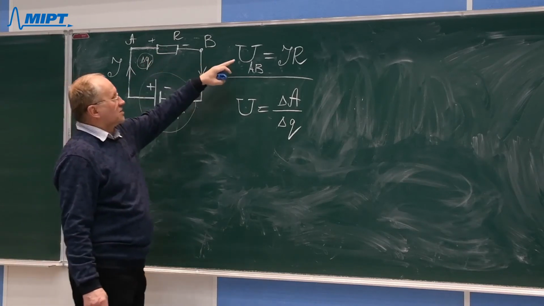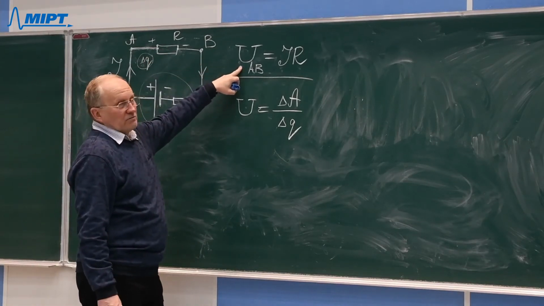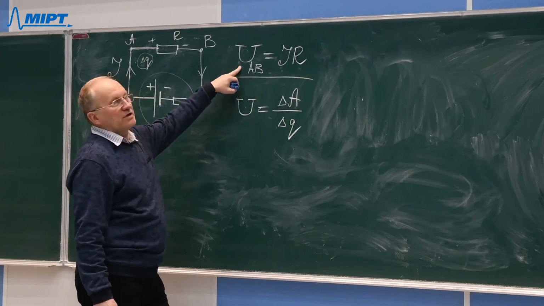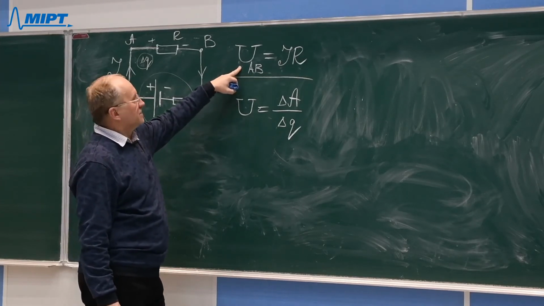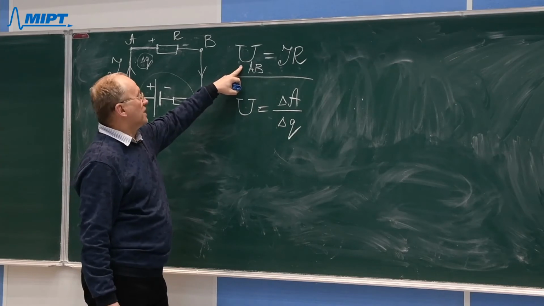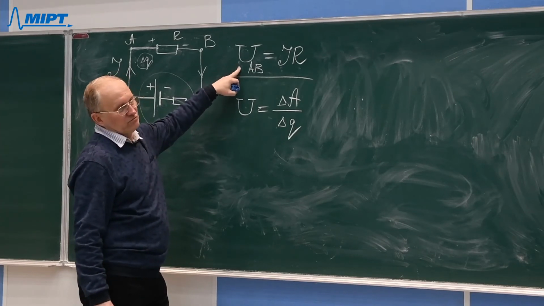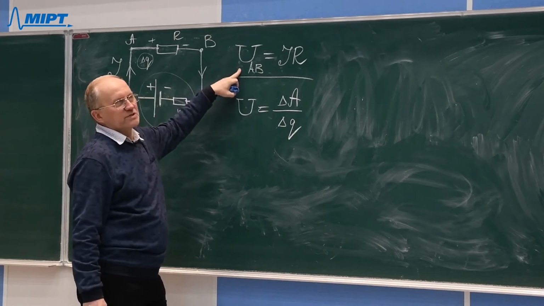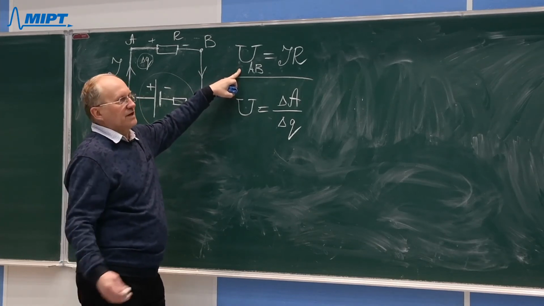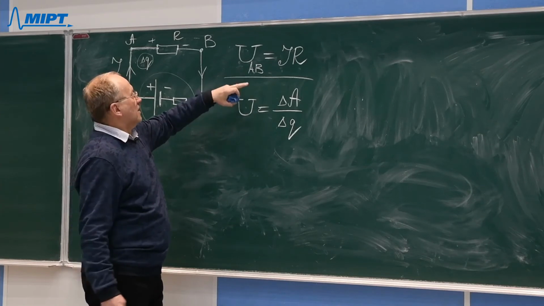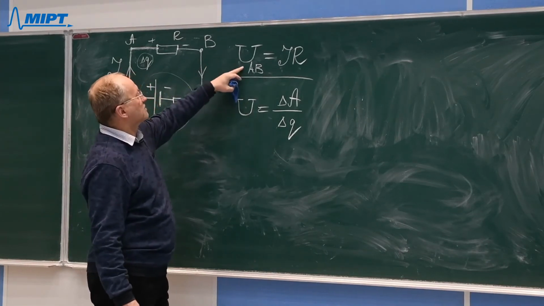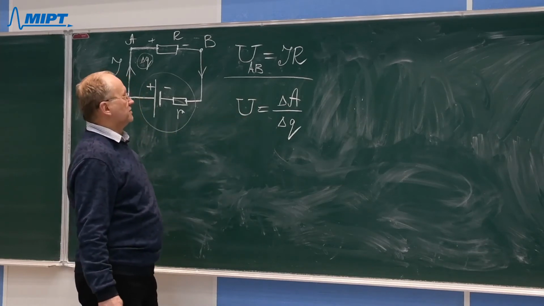This is an experimentally established law, and later it was derived both in classical physics, in classical electron theory, and in quantum physics. Using the Schrödinger equation, it's possible to obtain Ohm's law both in classical and in quantum approaches. But this is a physics law obtained after we have defined this quantity, the potential difference, in this way.